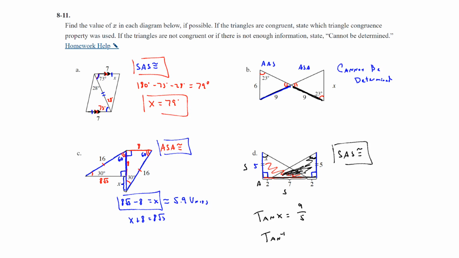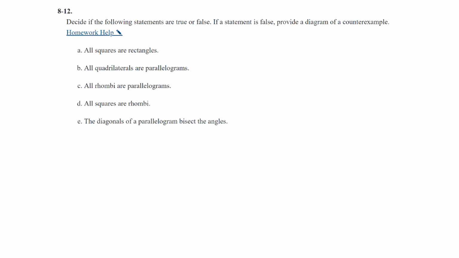So you'll use your inverse tangent of 9/5 to figure out what x is. Plug that into your calculator. Once again, you are using the inverse of tangent because you are looking for an angle measure. And so you will get approximately 61 degrees, or 60.9 if you want to go that way. So we'll just say 60.9 degrees for the value of x.